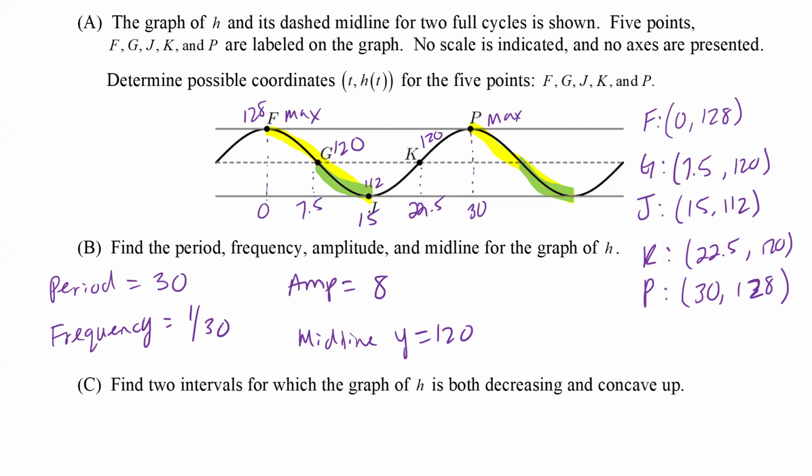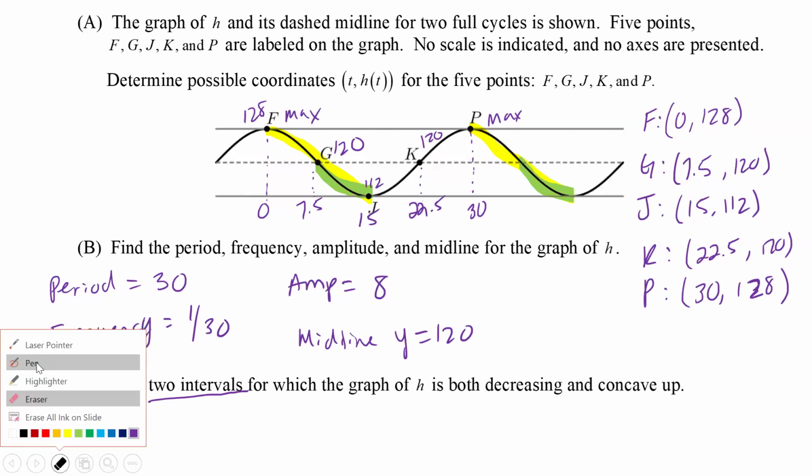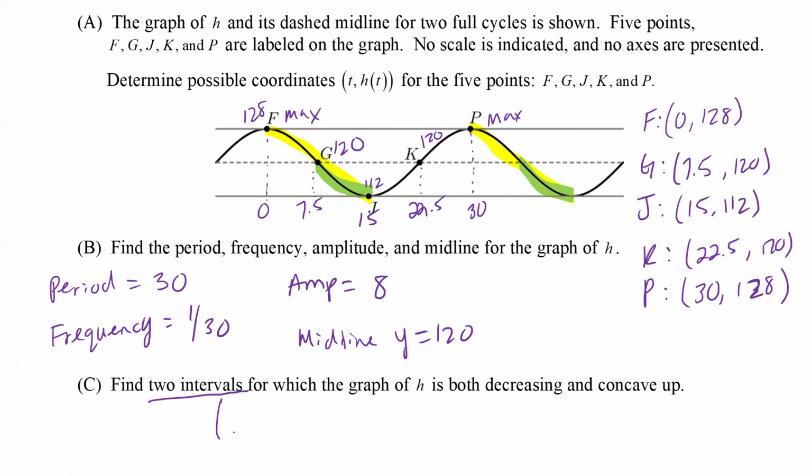Okay, so now I'm going to describe those intervals. Because it wanted me to find two intervals, my first interval is going to be from, wait, I'm sorry, we're supposed to use parentheses, not brackets, for describing. Make sure you use parentheses, don't use brackets. We are from 7.5 to 15, correct? And for our second one, we have to describe where it's at.